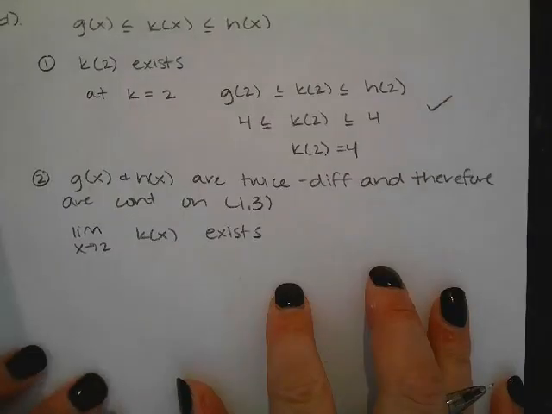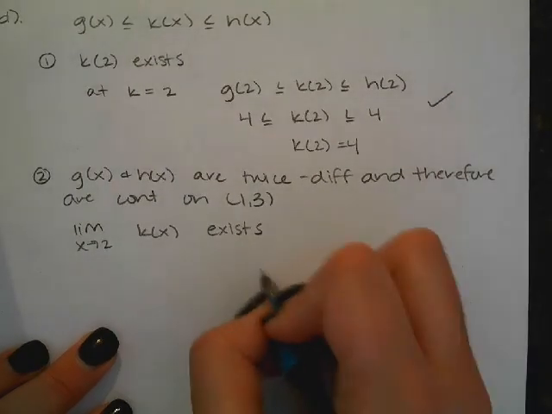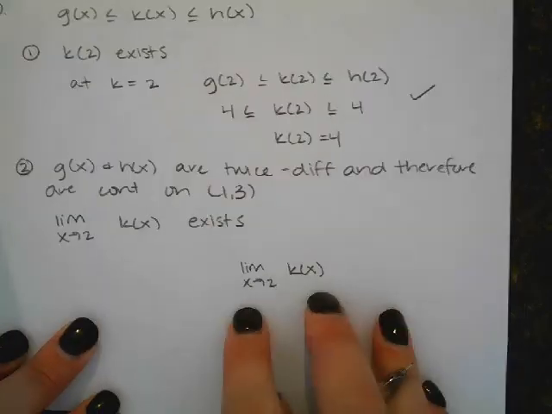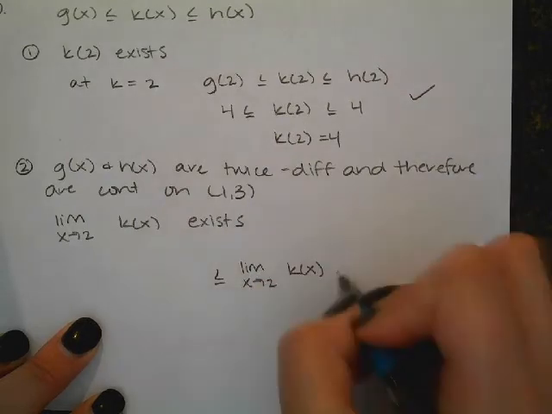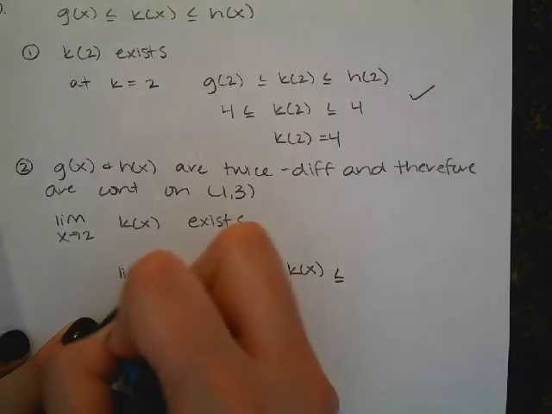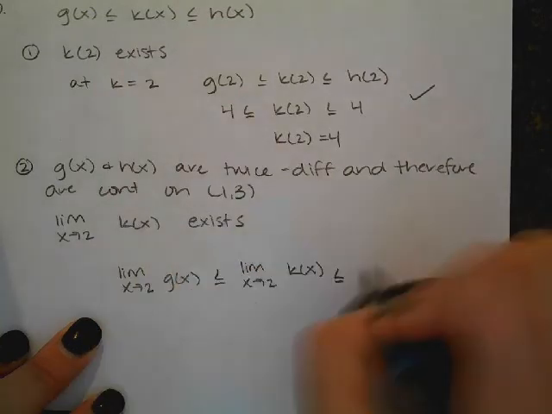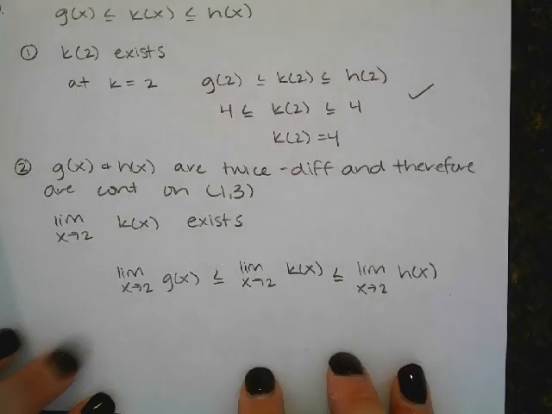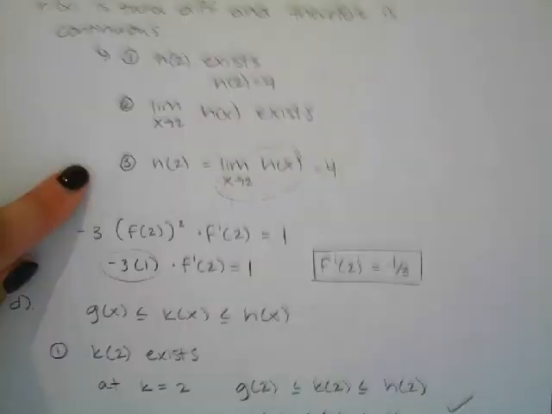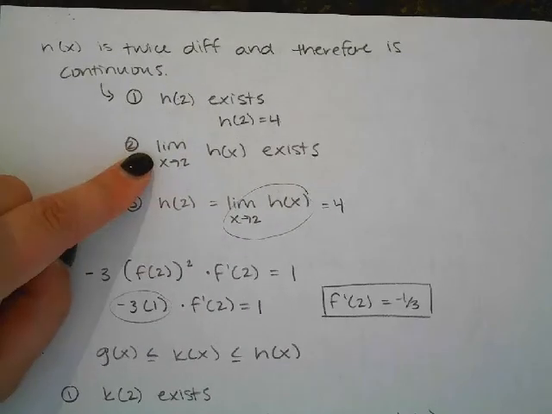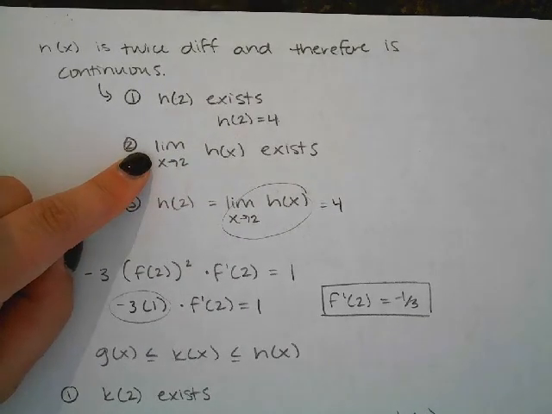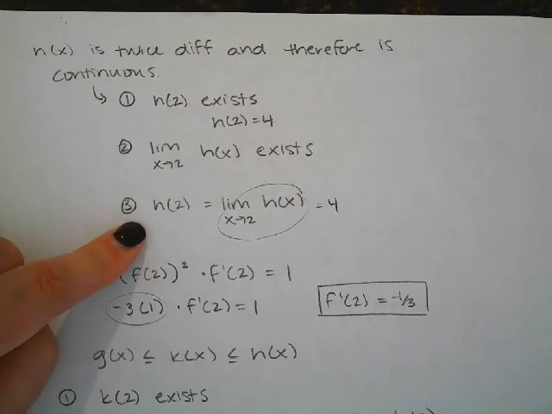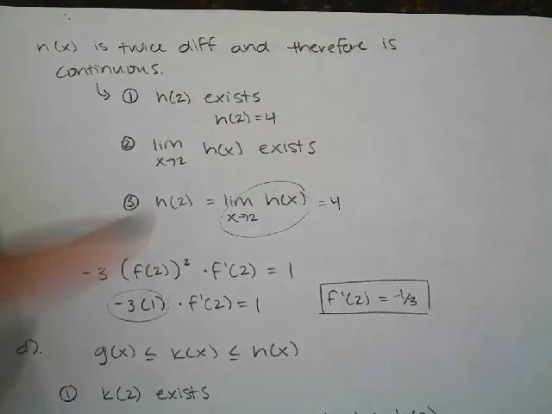All right, so if I want to know the limit as x approaches 2 of k of x, and I know that that is in between g of x and h of x, then I'm going to put it in between the limits of those. Limit as x approaches 2 of g of x, limit as x approaches 2 of h of x. So this is kind of using that same idea from part C. We're saying that if we know that those other two were continuous, then not only were they able to be evaluated at 2, but their limit at 2 had to have been the exact same value for them to have that definition of continuity.